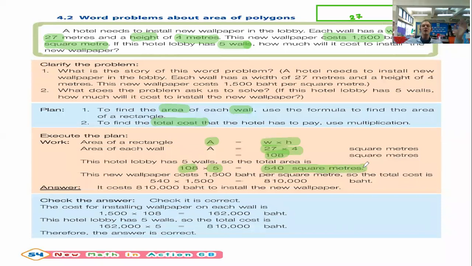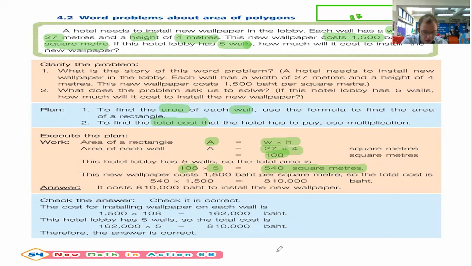So now we know the total size of the wallpaper we need, and we also know the cost per square meter. So now it's very simple for us to take the total square meters of the 5 walls and multiply by the cost per square meter, which is 1,500.